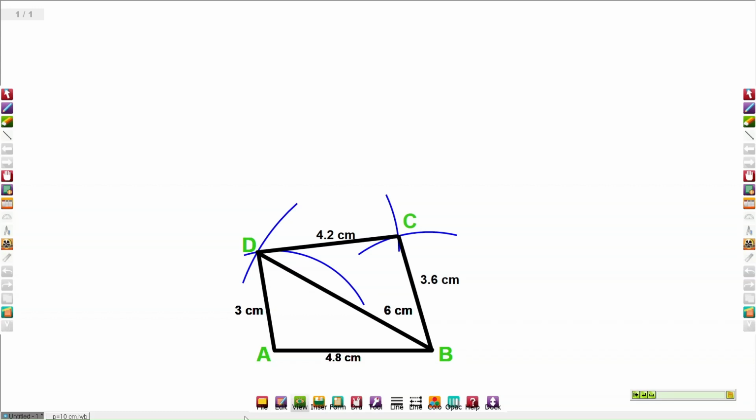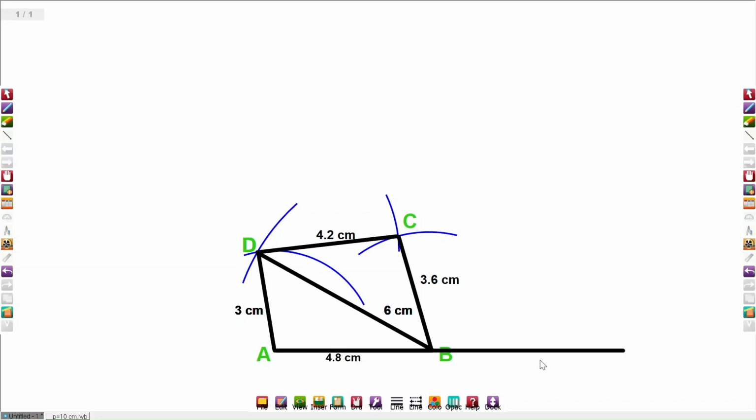Next step, we want to draw a triangle ADG such that area of triangle ADG equal to area of quadrilateral ABCD. We start by extending the line segment AB. We want to shift the point C to the point G in such a way that area of triangle DCB equal to area of triangle DBG.